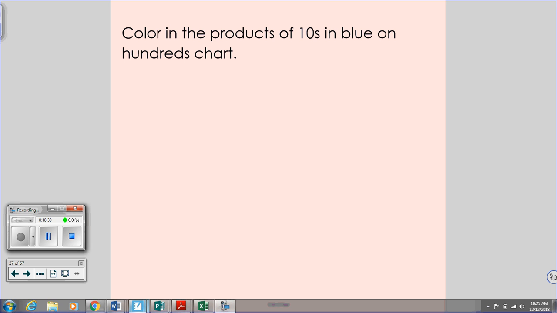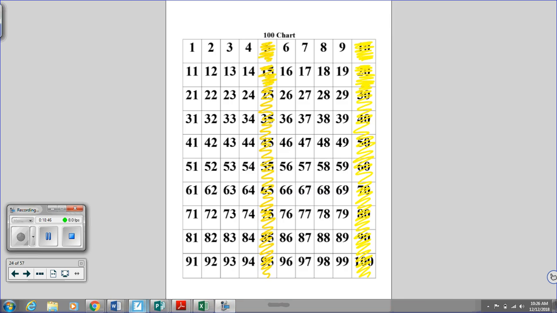We're working with 10. Go ahead and put away your yellow crayon if you still have it out. Excuse me. And I want you to get out a blue crayon because we're going to color in the products of our 10s in blue on our hundreds chart. So we are going to be skip counting by 10s. Ready, set, go. 10, 20, 30, 40, 50, 60, 70, 80, 90, 100.